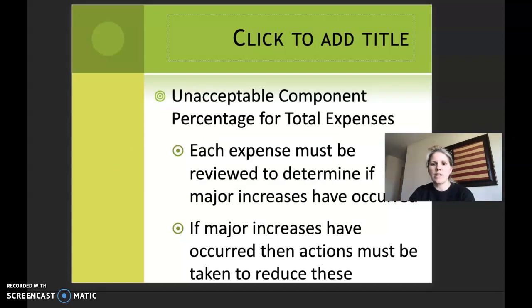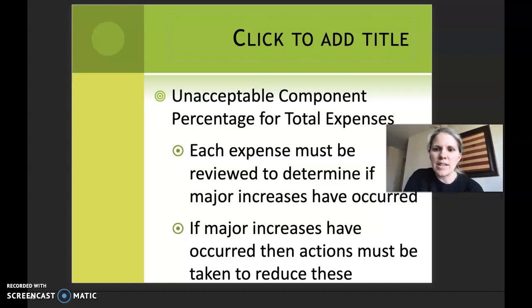Then we'll move on looking here at our total expenses. So if it is unacceptable for our total expenses, you're going to want to take a look at each individual expense to review it and see if maybe some major increases have occurred. So maybe your rent has gone up and you didn't even realize it, or all of a sudden you're using way more office supplies.